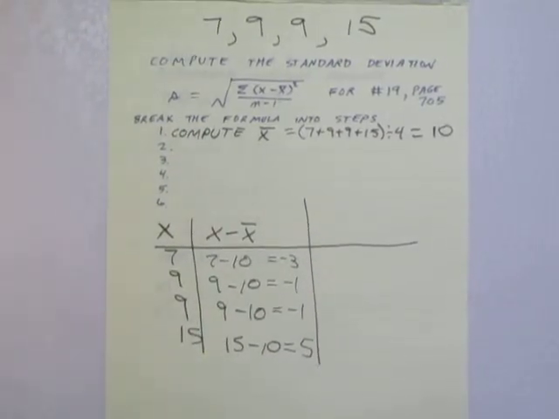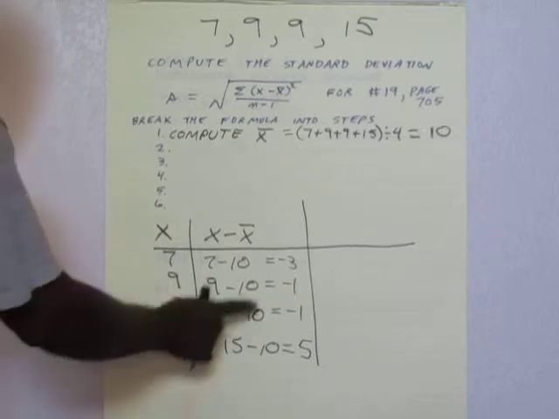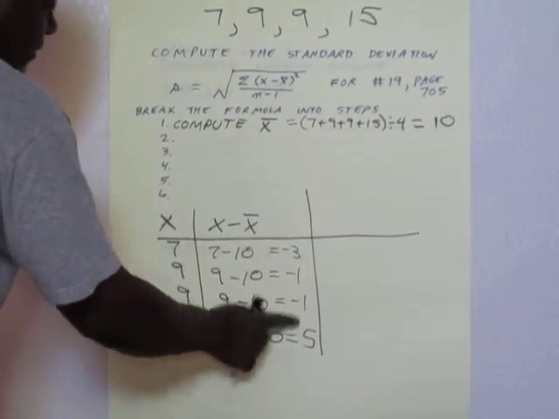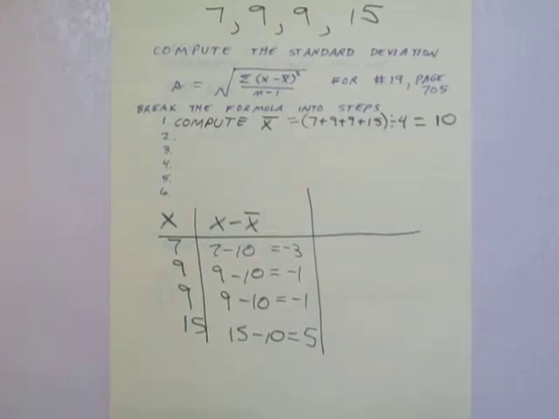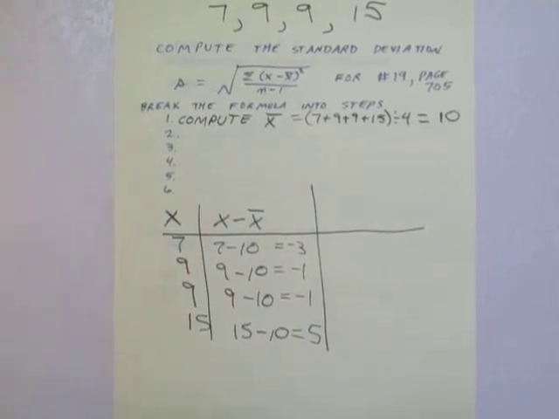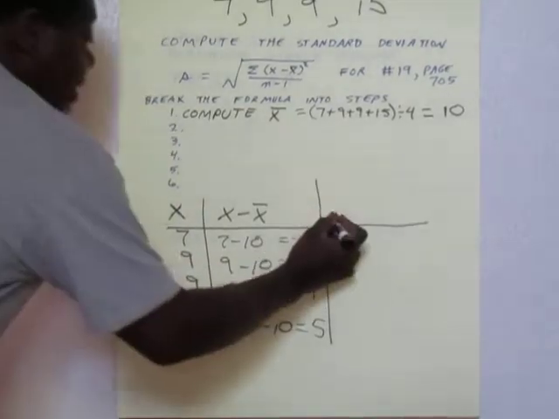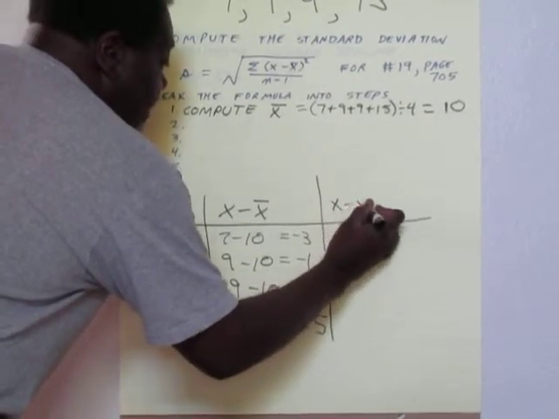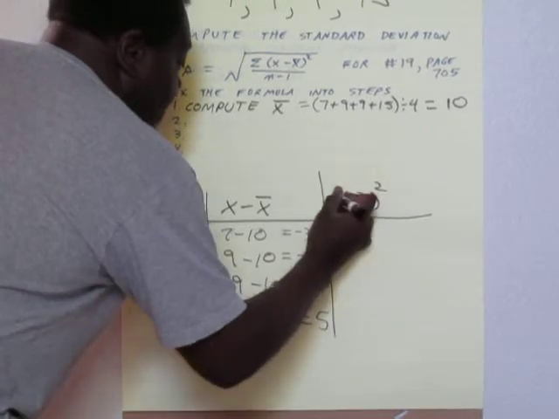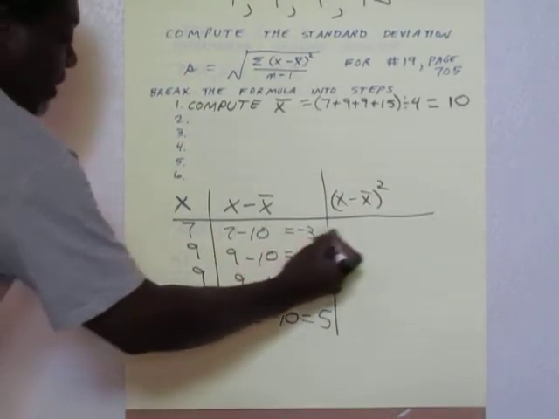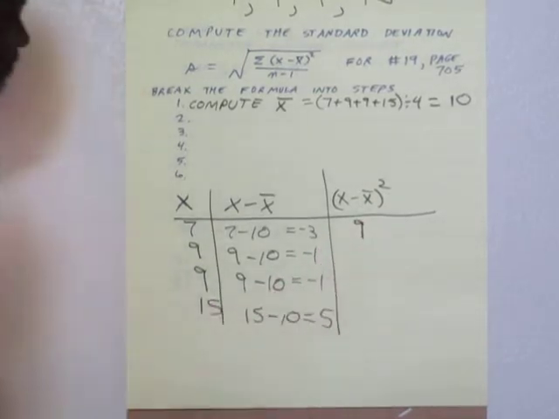Now it's not necessary to do, but I want you to observe if we add these deviations together, we get 0. That's always going to be true for statistical measures. Next step, we're going to square those deviations. So negative 3 squared is 9.